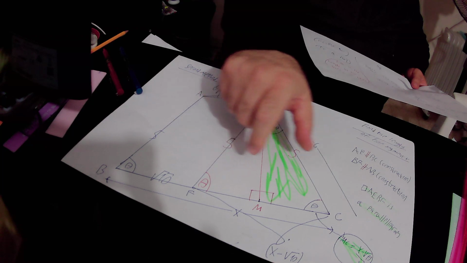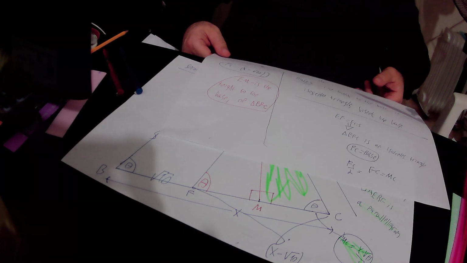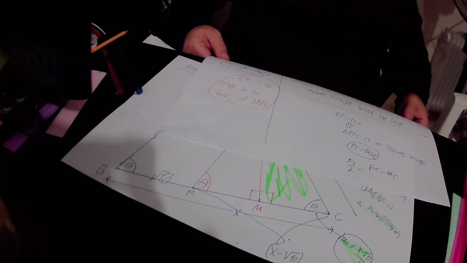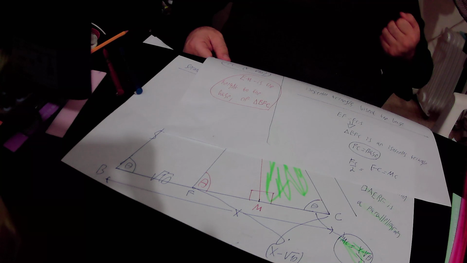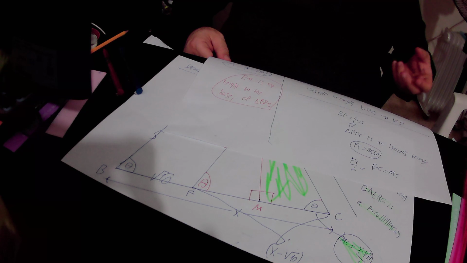That is to say, FM equals MC. It divides the base into 2 equal parts. So if the base is FC, each part must be equal to FC over 2.